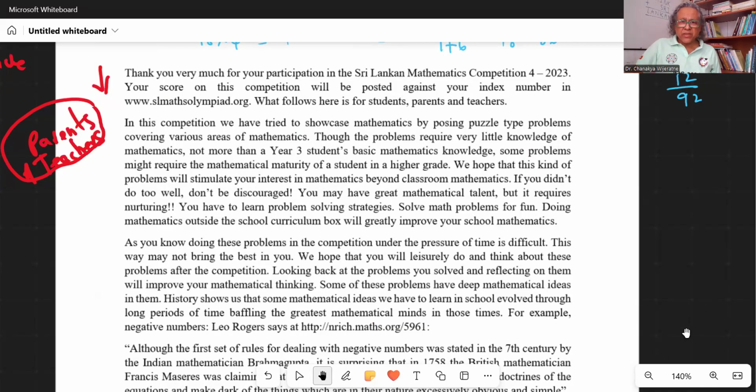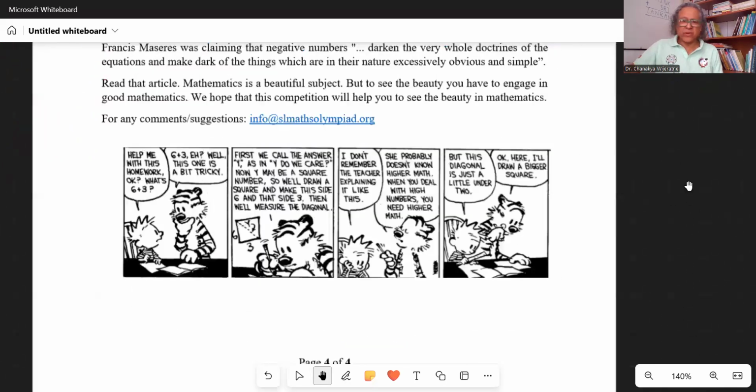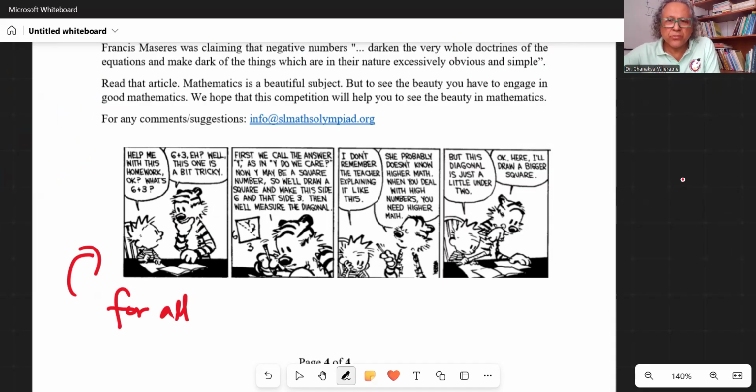But then there is this cartoon which is for everyone, for all. And why? Because this is my favorite cartoon. This is from the Calvin and Hobbes cartoons.